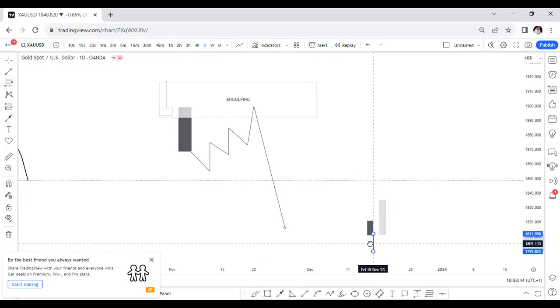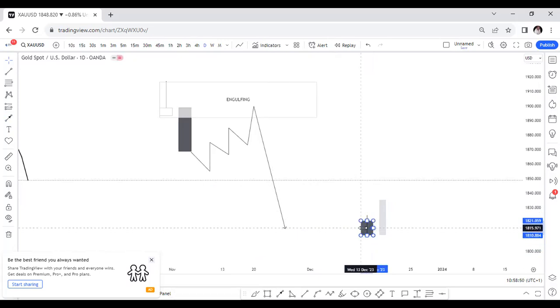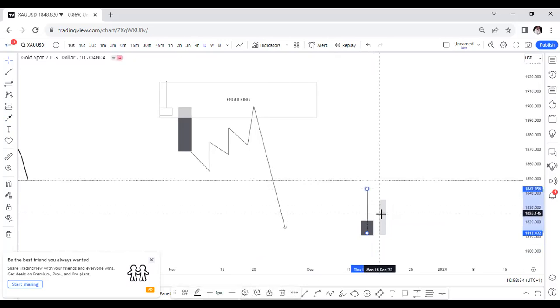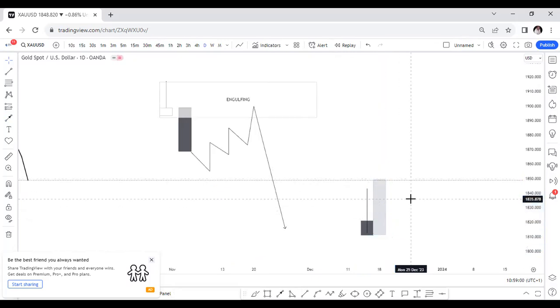This is the wick. So if this is an engulfing, right? So this is the bullish one that engulfs, right?